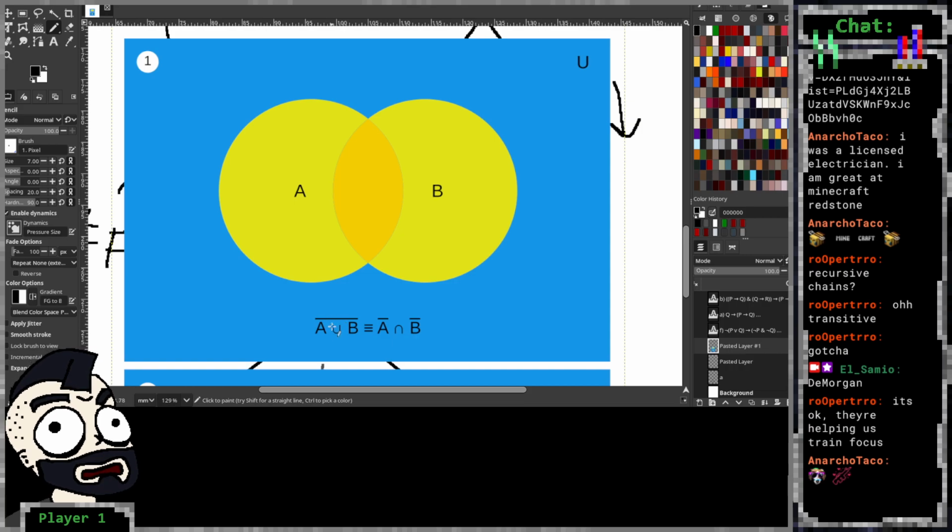So the negation of the union of A and B is equivalent, now we know what the symbol means, to the intersection of not A and not B.